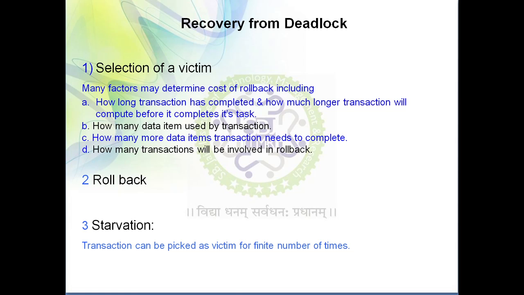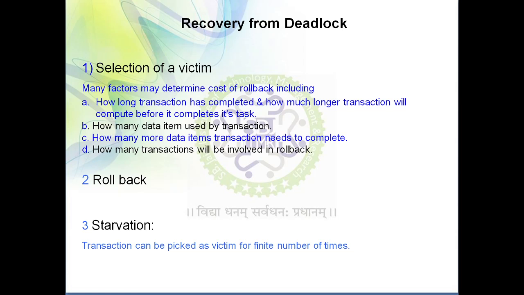Many factors may determine the cost of rollback, including how long the transaction has computed and how much longer the transaction will compute before it completes its task. That is again an important thing. Just imagine a situation where transaction T1 has already executed for 1 hour and to complete it requires only 2 more minutes, and another transaction T2 has executed for only 10 seconds.